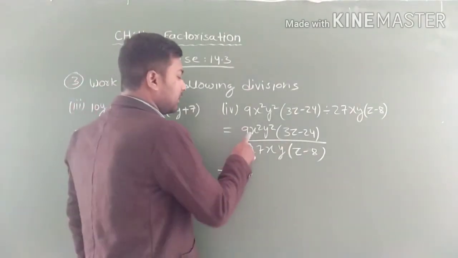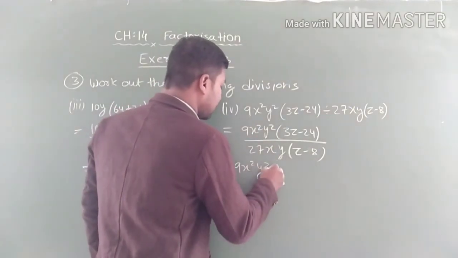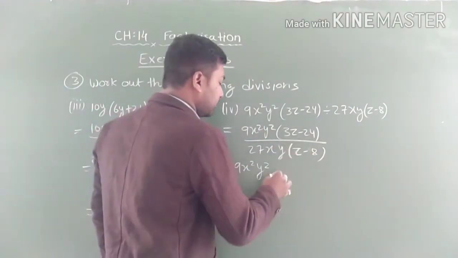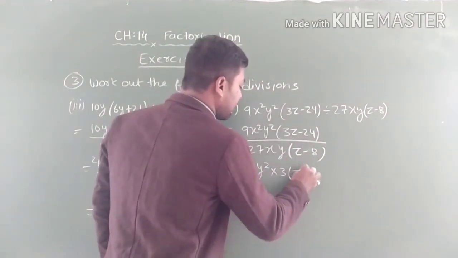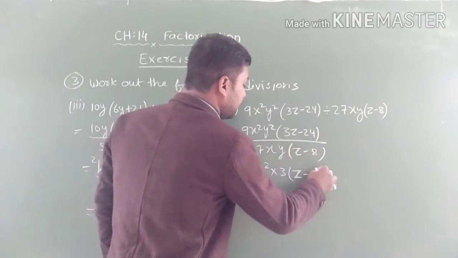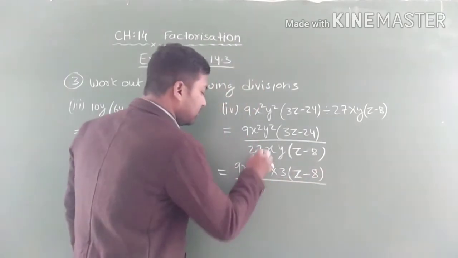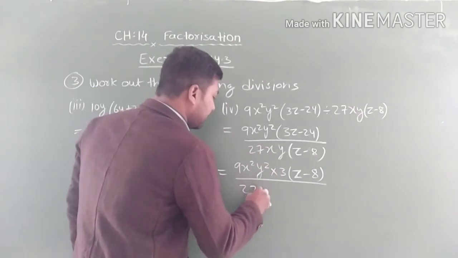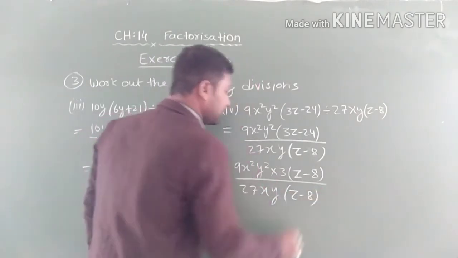So 9x square and y square. 3z minus 24, so 3 is common. What is left? z minus, 3 eights are 24. Now, in the denominator, 27xy z minus 8.